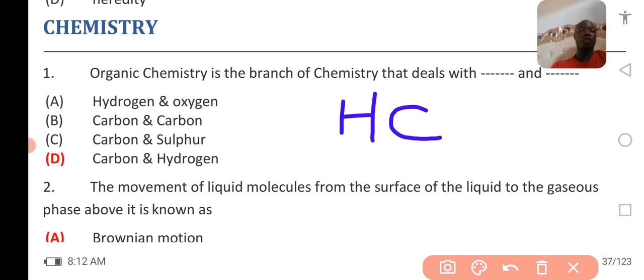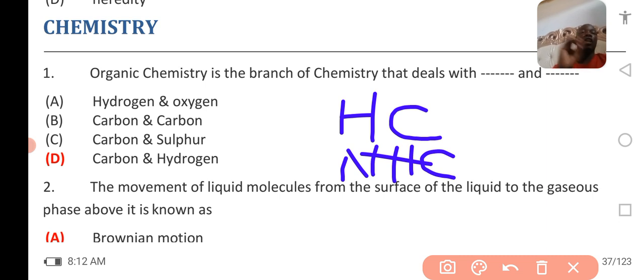So organic chemistry is divided into two. We have hydrocarbon and we have non-HC, that is non-hydrocarbon. Non-hydrocarbons means apart from carbon and hydrogen in a compound, there are also other atoms. So non-hydrocarbons still contain carbon and hydrogen, but other atoms are also integrated.